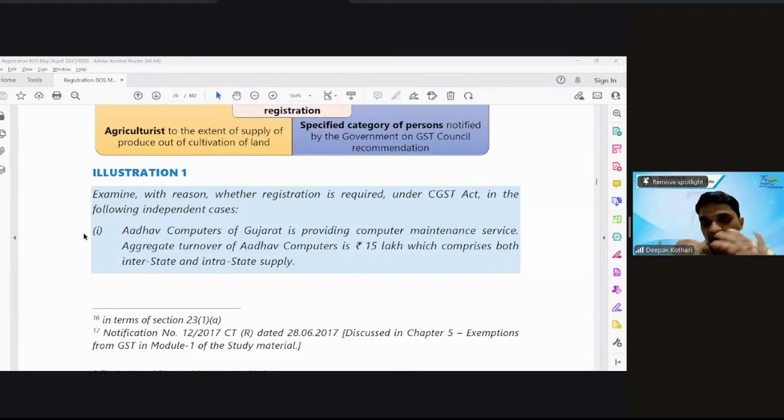Both the answers are wrong because you're not giving me the correct reasoning. Reasoning is also important. As it is providing interstate supply, it has to be registered irrespective of limits. But there is an exception, right? People who are saying that it is interstate supply, we will not see the limits. There is an exception which we read.